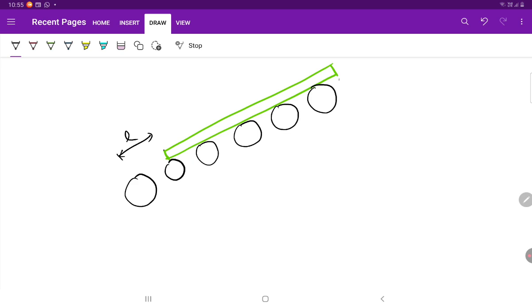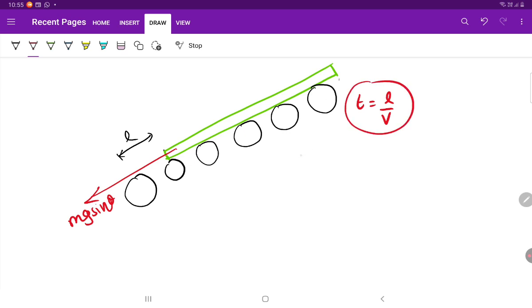Now since we assume that the plank is moving with constant velocity, the time required will be L by V. Now the force on it will be Mg sine theta. So in this interval, the impulse given by gravity is written as Mg sine theta into t, that is L by V. This is equation 1.